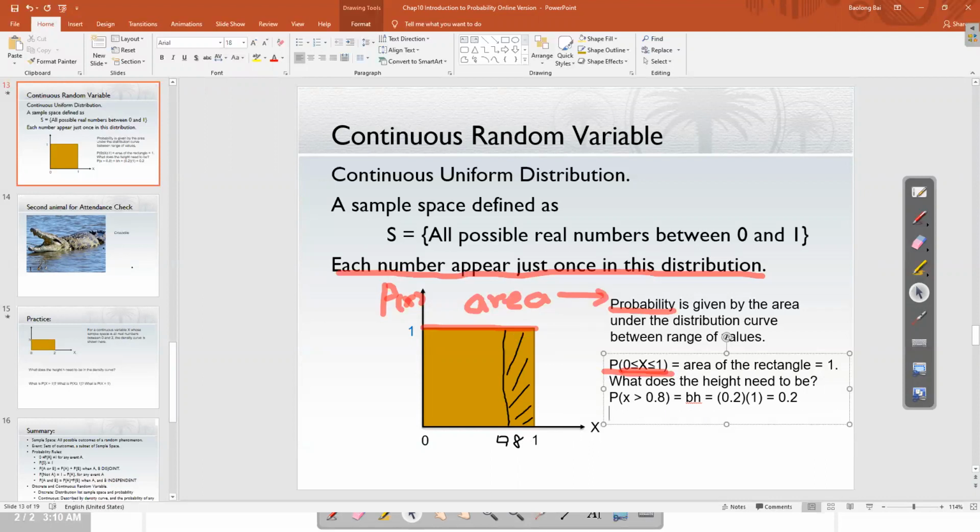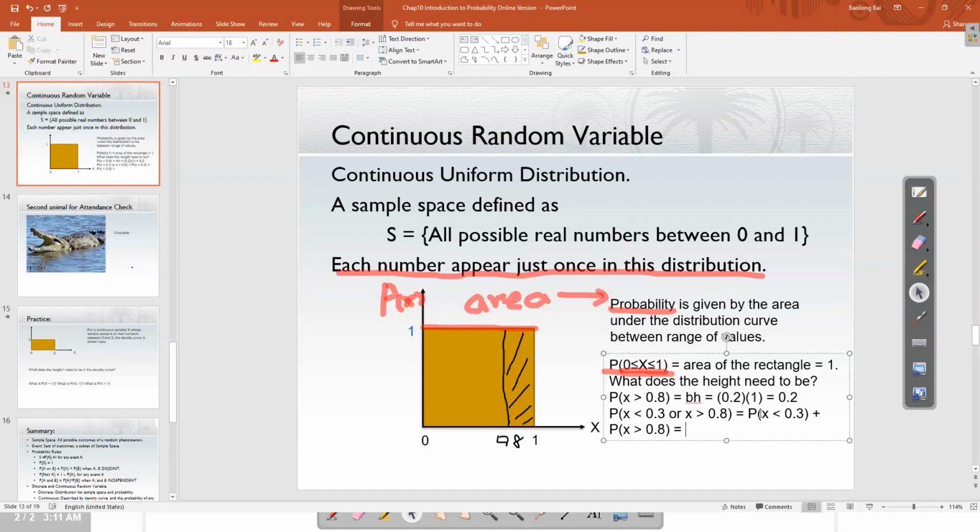And likewise, what's the probability that x is smaller than 0.3 or x is greater than 0.8? Okay, so you have "or" in here. Then we need to use the addition rule, right? So that'll be the probability of x smaller than 0.3 plus the probability of x greater than 0.8.